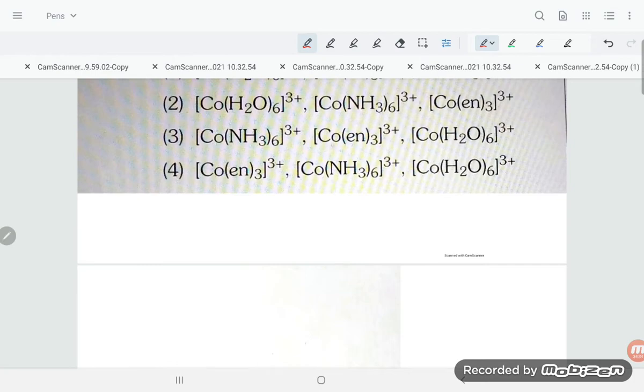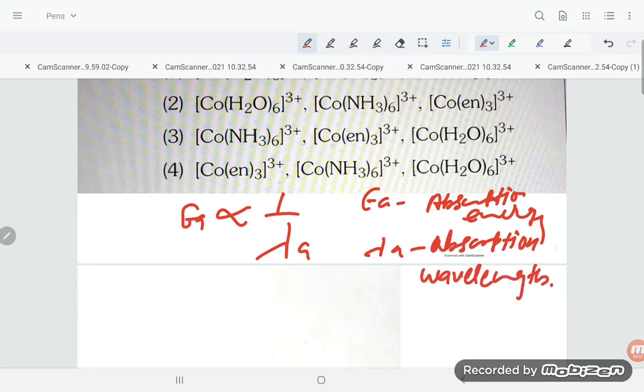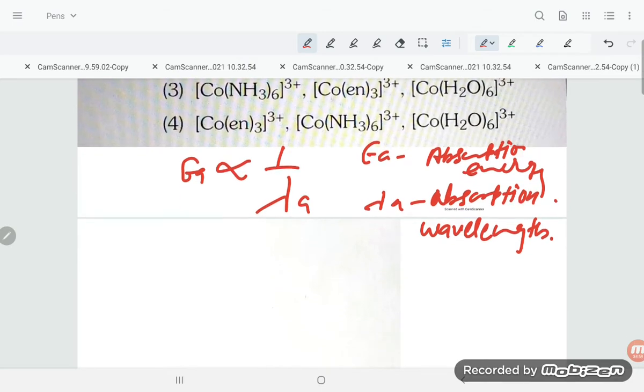EA is equal to 1 by lambda A. This is EA is equal to absorption energy, and lambda A is absorption wavelength. These are the two things.